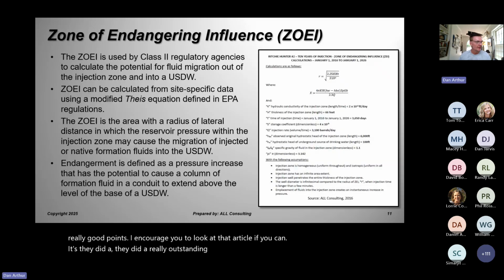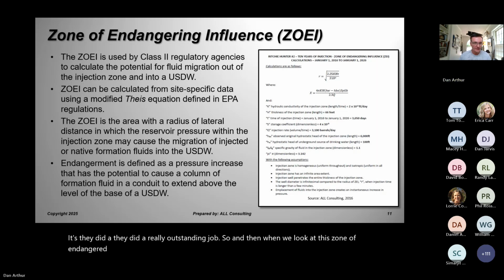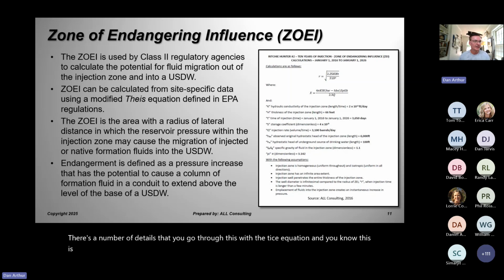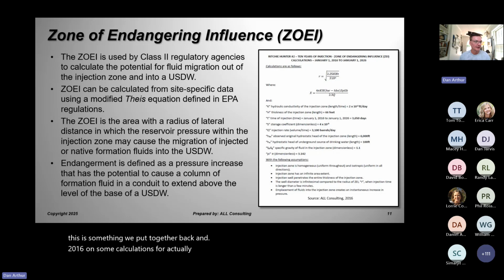When we look at the zone of endangering influence, there are a number of details that you go through with the Tice equation. This is something we put together back in 2016 with some calculations for a permit application.